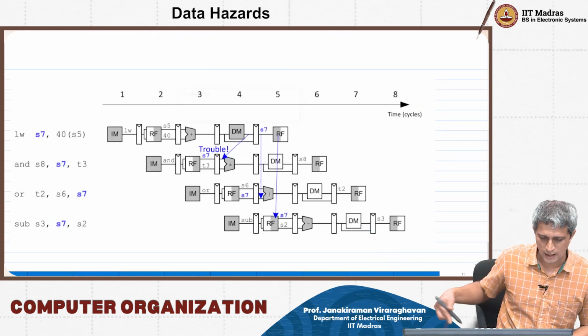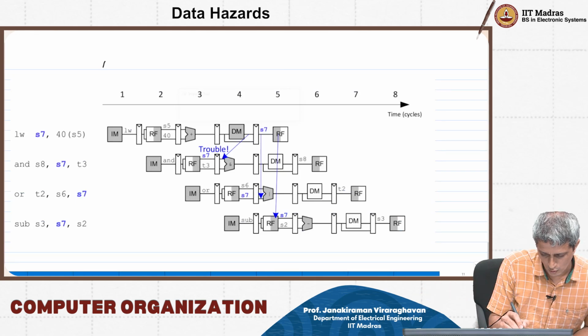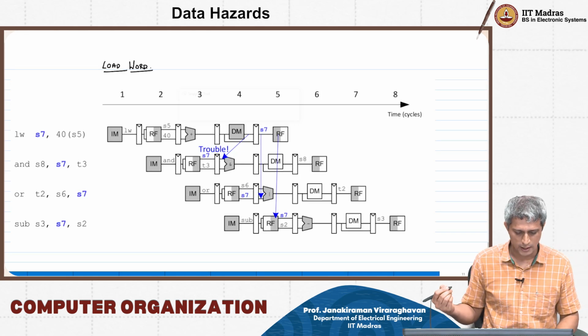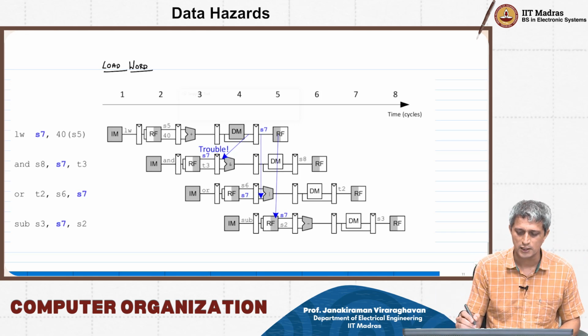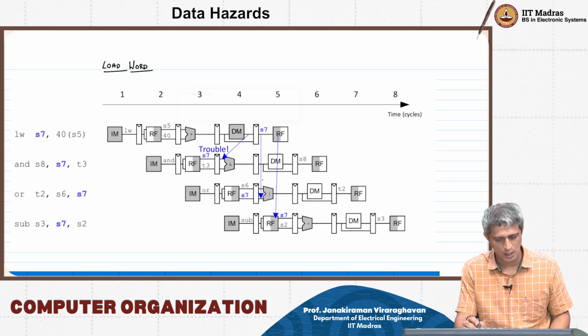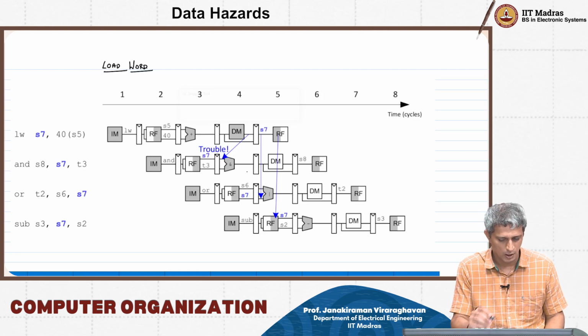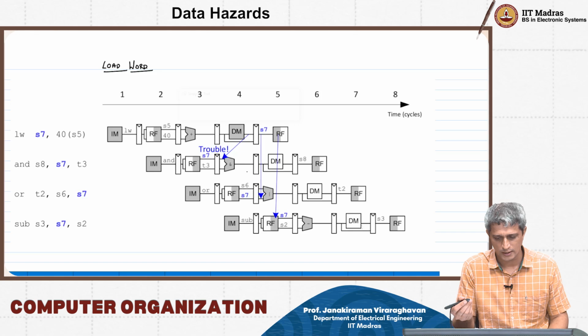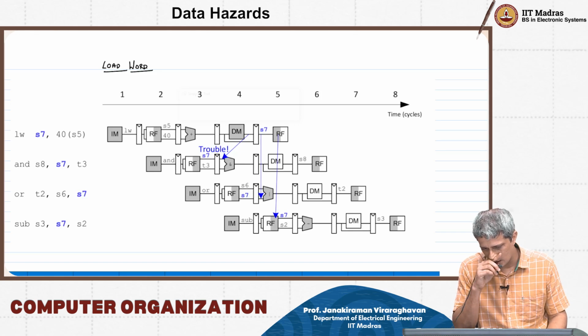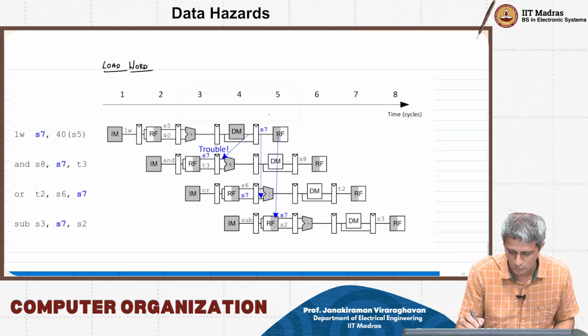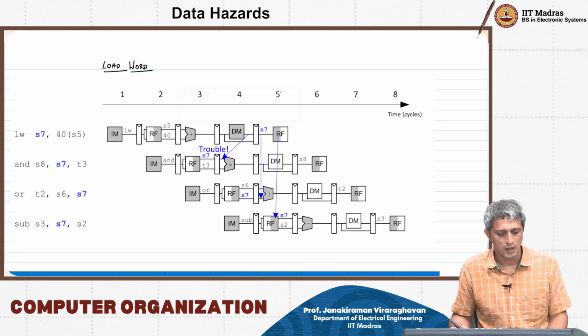So we are looking at dependency due to load word. Basically what we are saying is that the S7 is coming out in the 5th cycle. 1, 2, 3, 4 and 5.